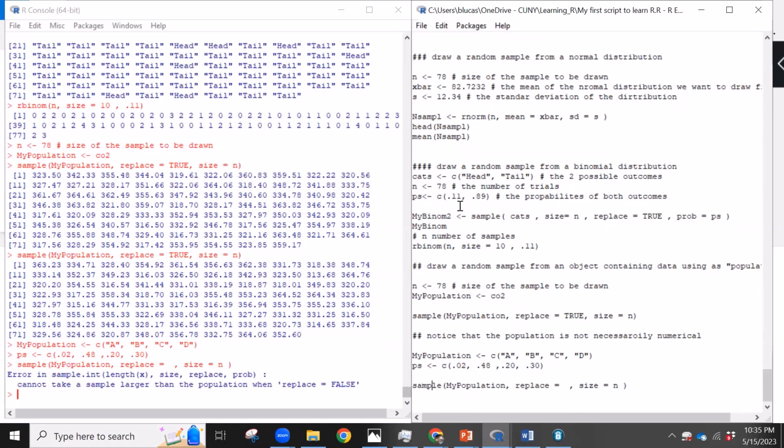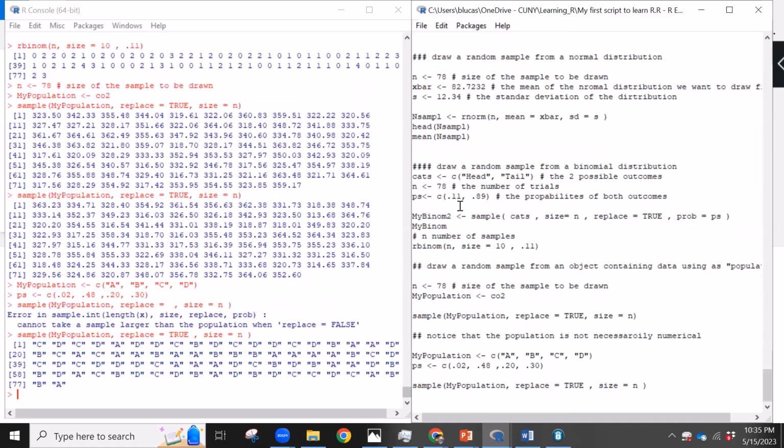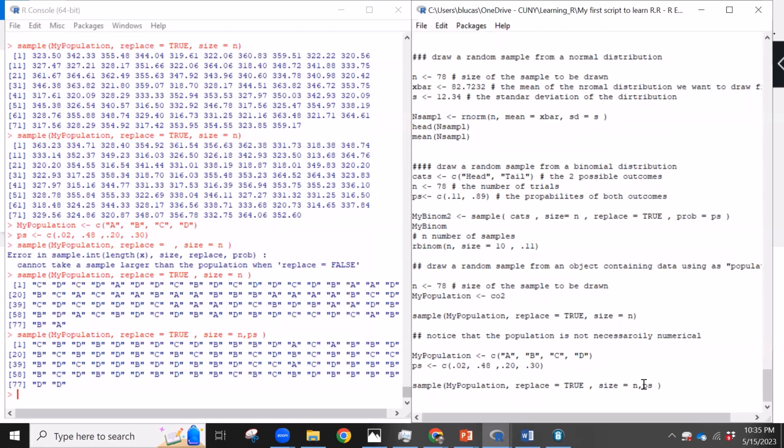Oh, I need to put, I didn't finish that line of code, replace equals true. Okay, and now again, we draw a sample size 78 of A, B, C's, and D's with each different probabilities. Actually, I also forgot something else here, I should have put this. And so now I can execute it.